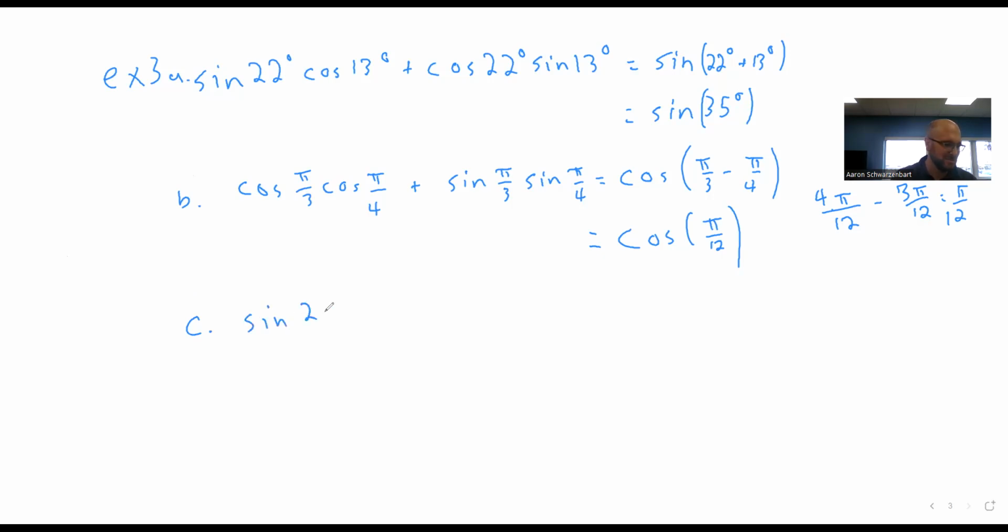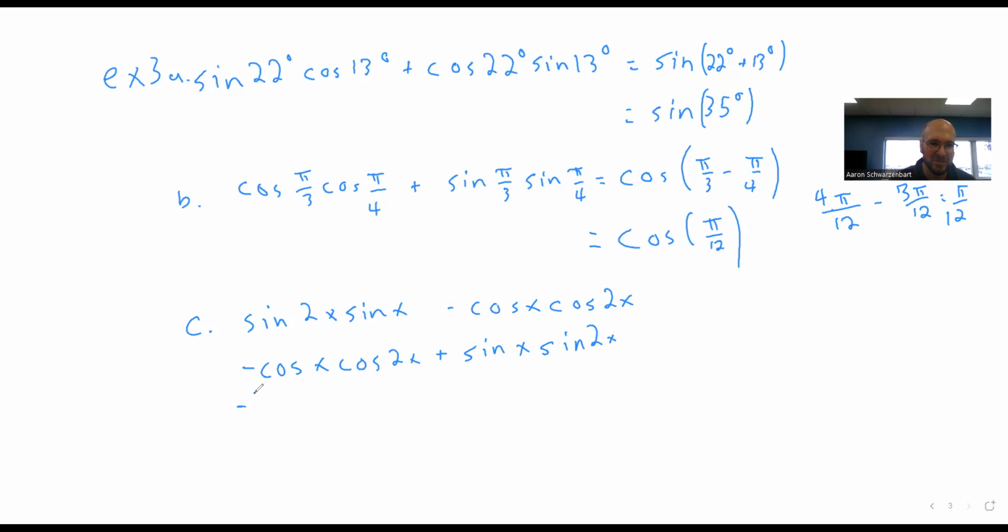My last one, oops, well, I guess the order doesn't matter that much. This actually looks like a cosine, but it's a little backwards. I'm not used to it in that order. Doesn't matter if I have the 2x first or the x because I can multiply in any order.